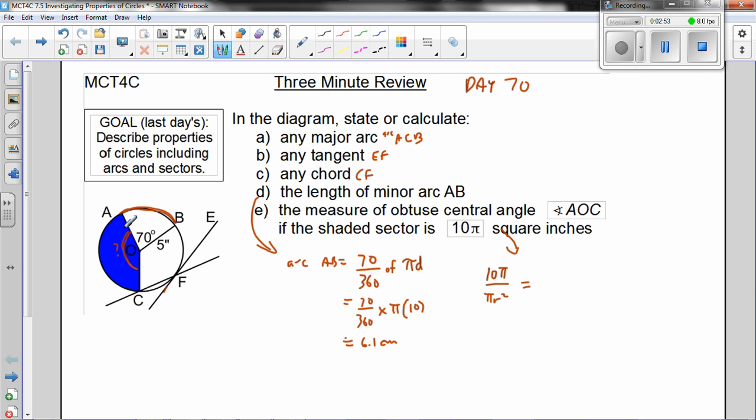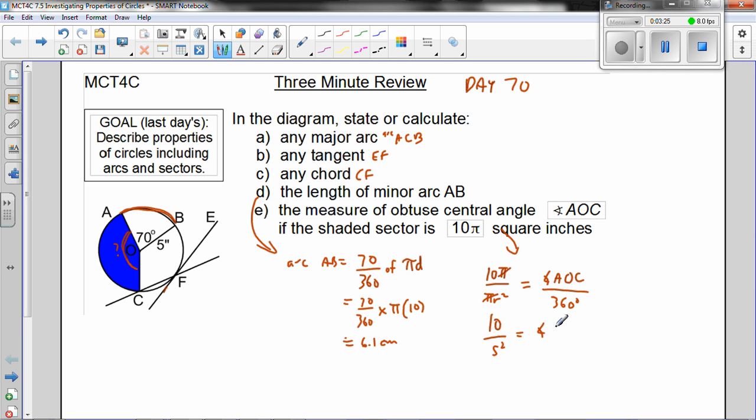Well, the fraction of the circle is angle AOC. It's an obtuse angle, I hope anyway, when I calculate it, over 360 degrees. This angle to all the way around is the same as this area to the entire circle, right? Well, now we're flying here because we got pi's that cancel out. That's why they gave us the area as having a pi in it. And the radius was 5 squared.